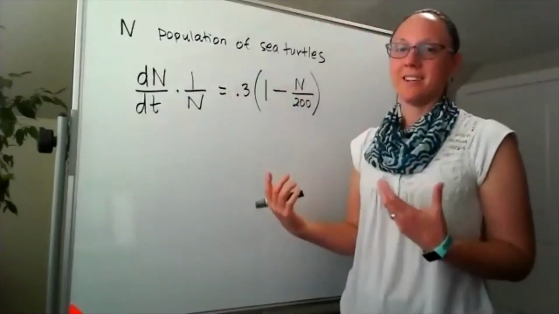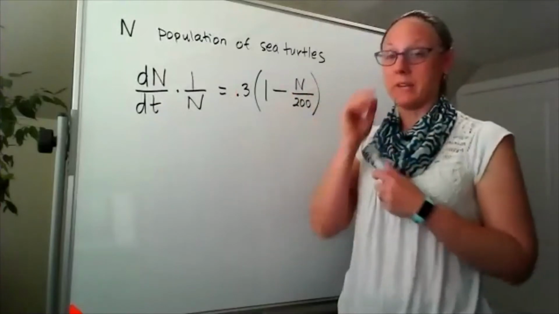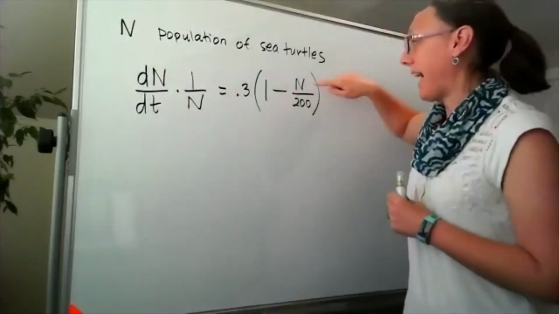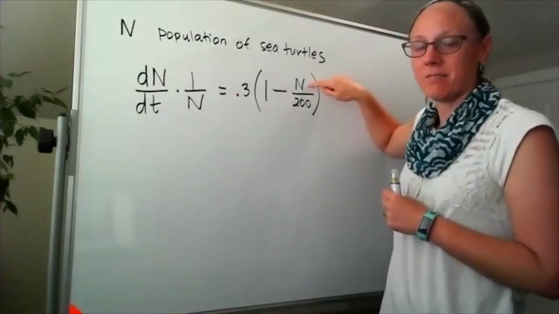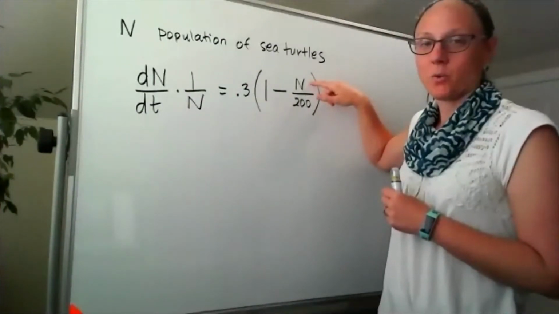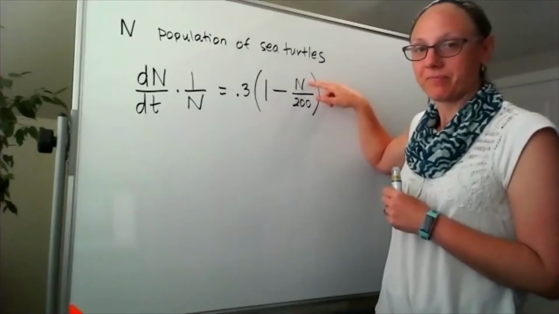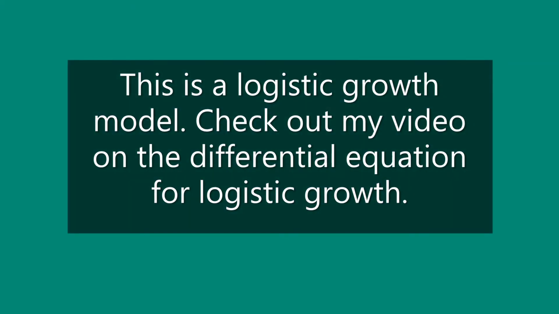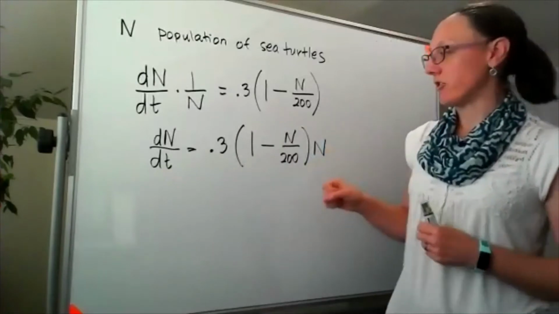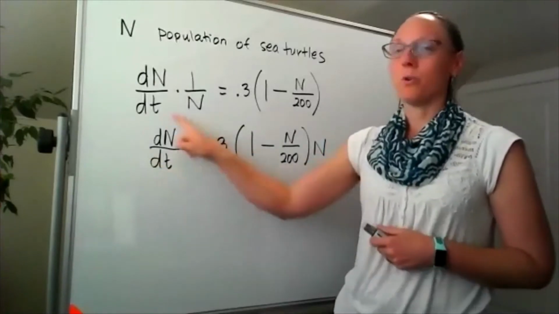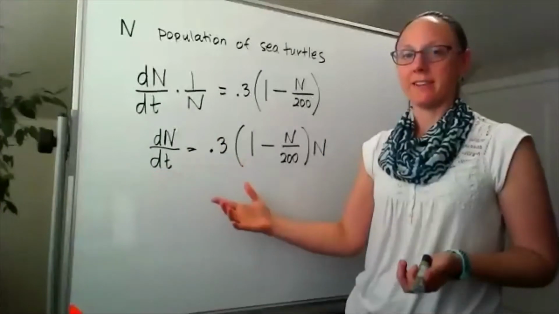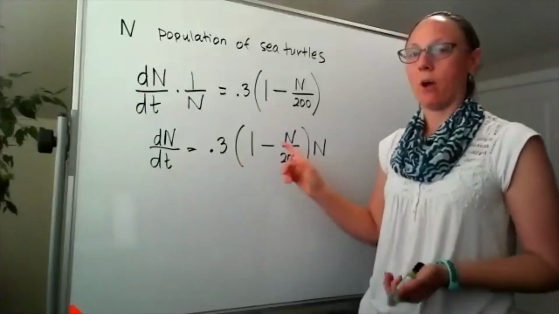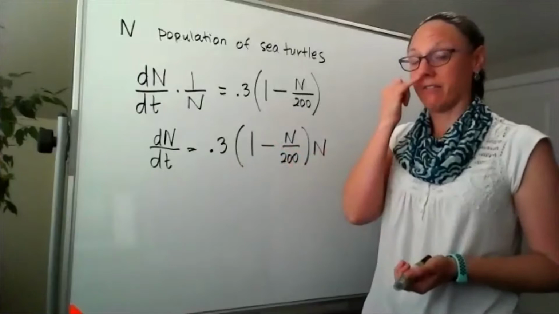So what this is saying, if we look at this in pieces, when n is really small, this piece is going to... this differential equation says that the growth rate for the population depends on or is a function of how large the population is at any given time.